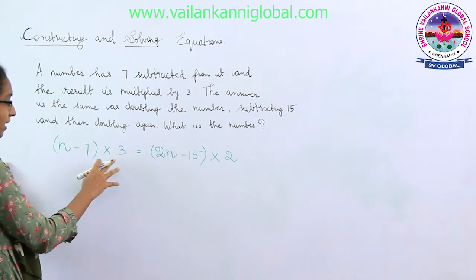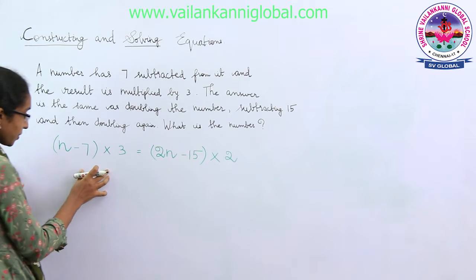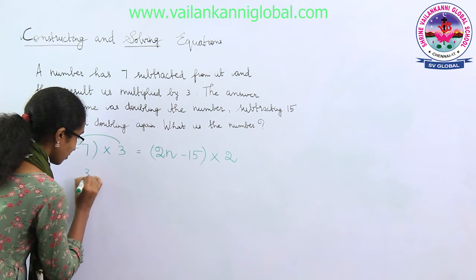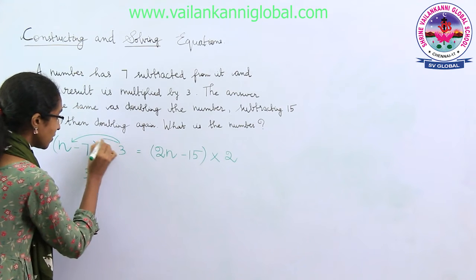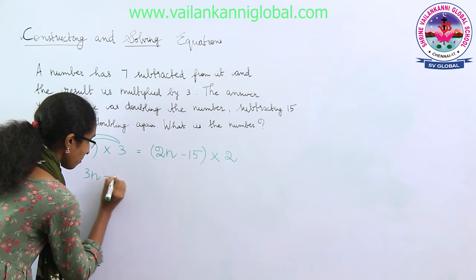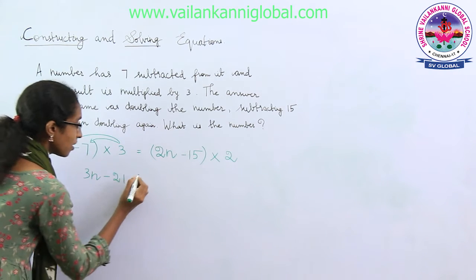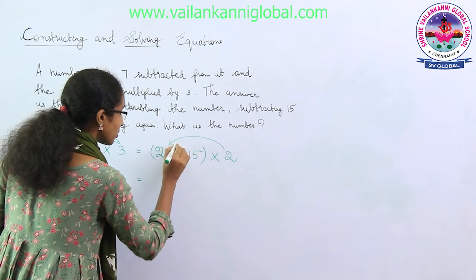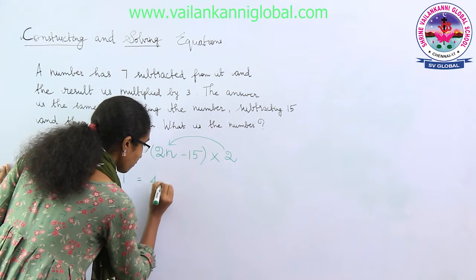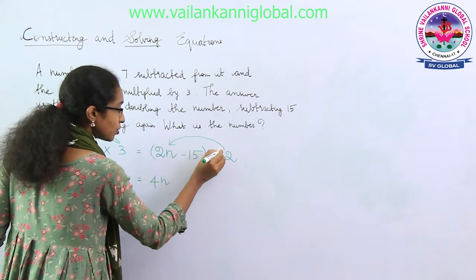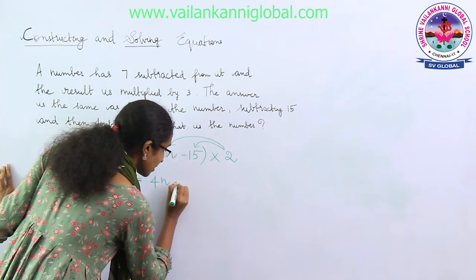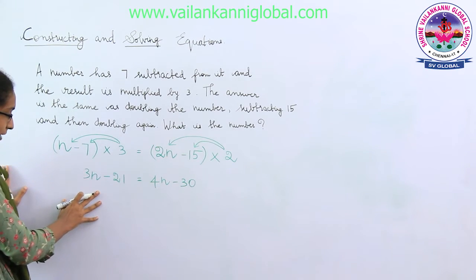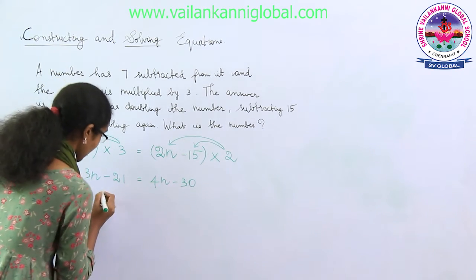n minus 7 into 3, we apply the distributive property. So 3 multiplied with n gives us 3n, and 3 with 7 gives us minus 21. That is equal to 2 multiplied with 2n gives 4n, and 2 with minus 15 gives us minus 30. So let us bring all the n terms one side and the numbers the other side.